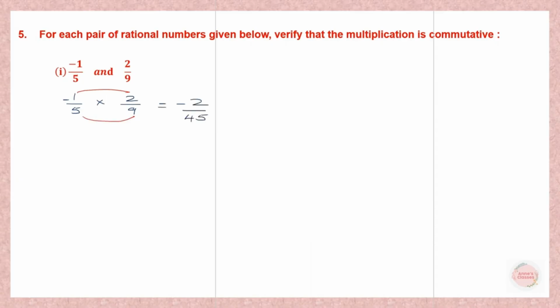Now let's change the order. Instead of minus 1 by 5 into 2 by 9, let's change the order. So now it will be 2 by 9 into minus 1 by 5. Again, multiply the numerators. 2 into minus 1 is minus 2. 9 5s are 45. So can you see the answer? When you multiplied it one way, it is minus 2 by 45. When you change the order and multiply it also, it is minus 2 by 45.